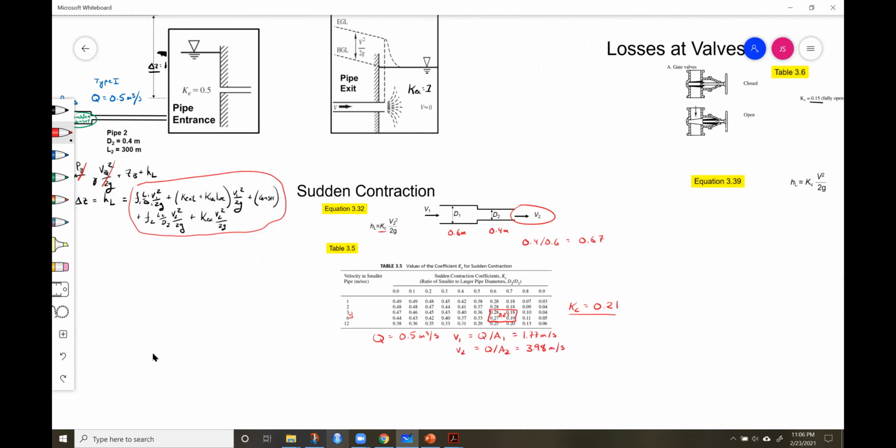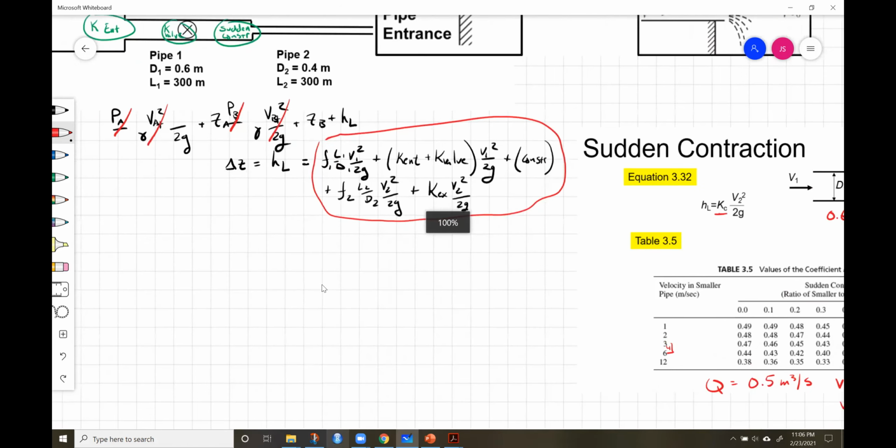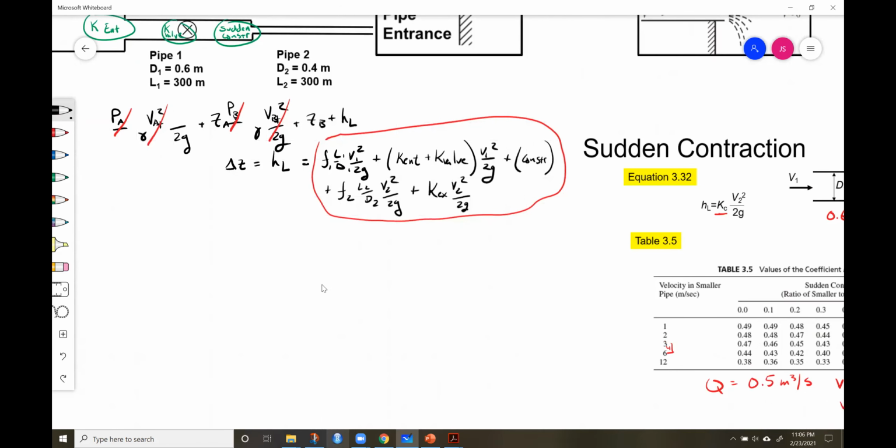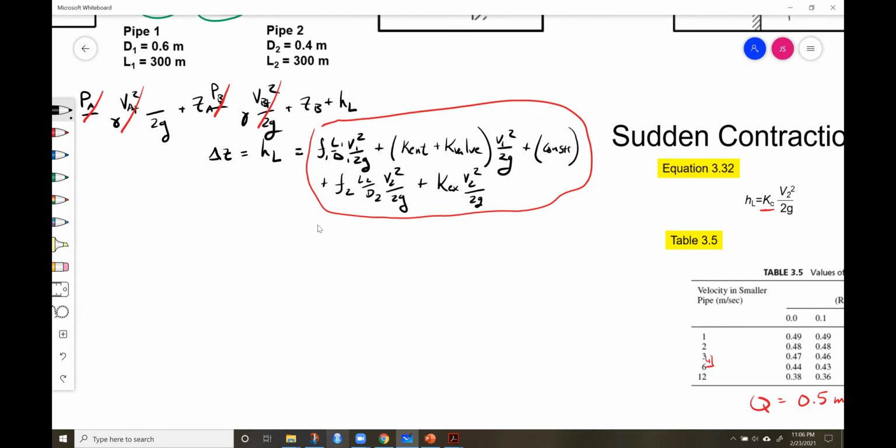All right, so let's go back to our problem. And we said that we basically just need to find all these terms. Because we're given velocity, then everything should be able to be solved directly. All right, so we'll remind ourselves that V1 was equal to 1.77 meters per second. V2 is equal to 3.98 meters per second.